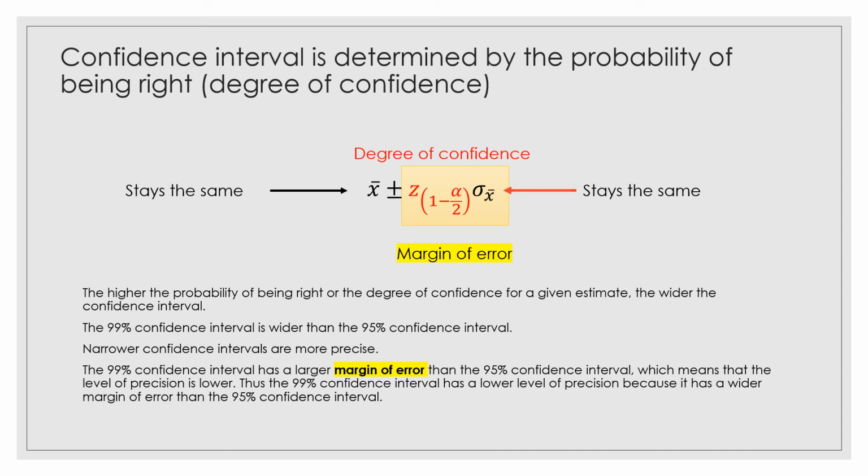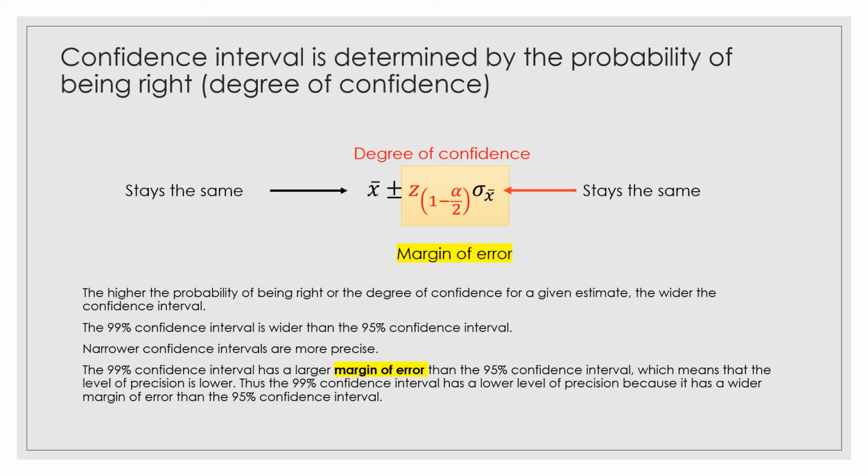the one written in red letters, the z to the subscript of 1 minus alpha divided by 2, we call that the confidence interval, and the whole thing highlighted in yellow refers to the margin of error. You can Google the meaning for the margin of error for clarity.